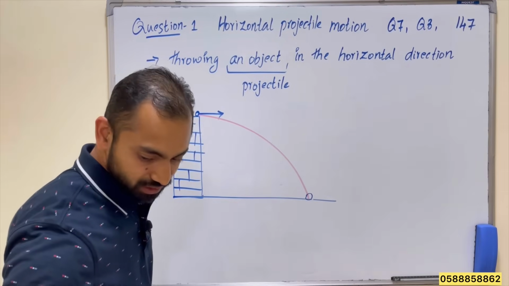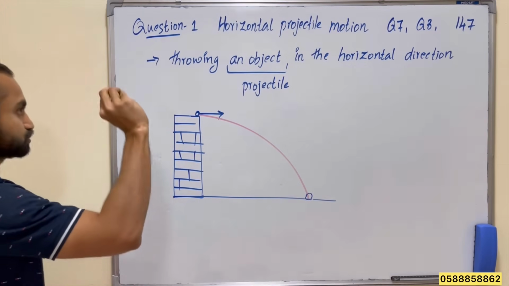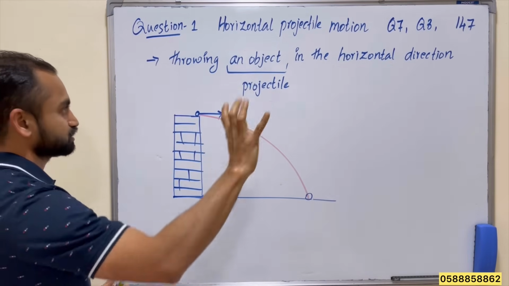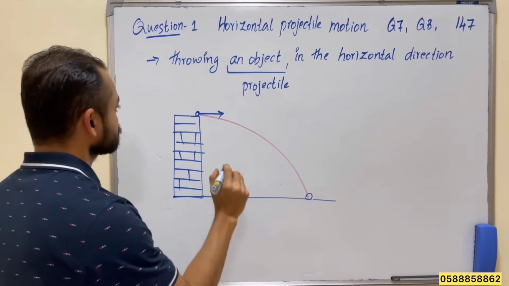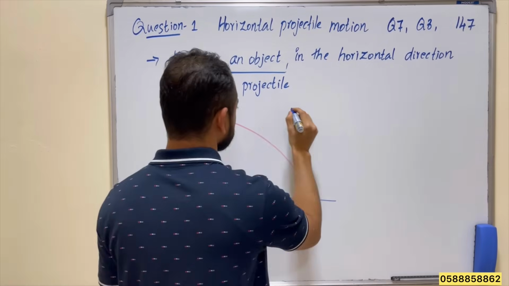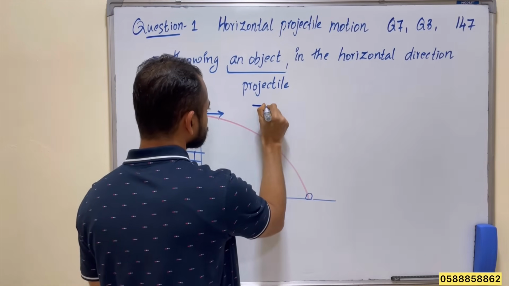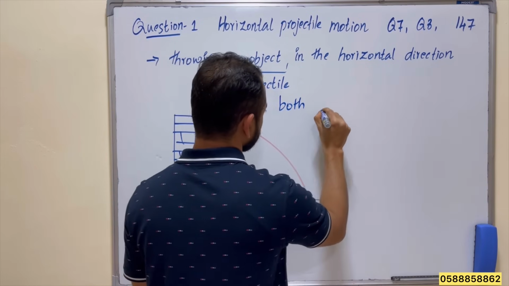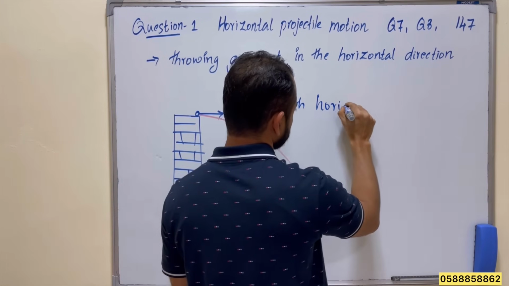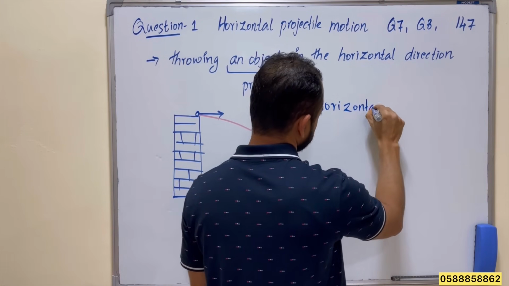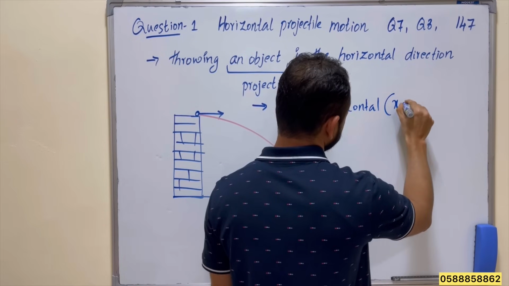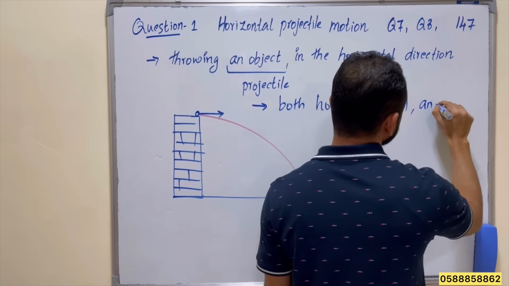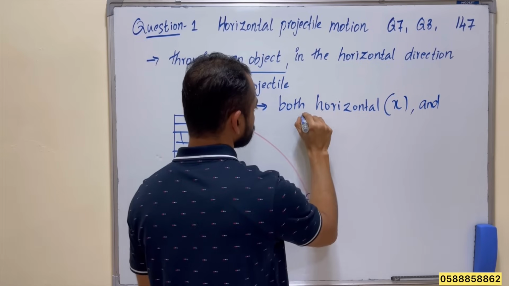So a projectile is any object that you are throwing, and horizontal projectile motion means you are throwing it in a horizontal direction. And the second point, every projectile has both horizontal motion, means along the x axis, and vertical motion.